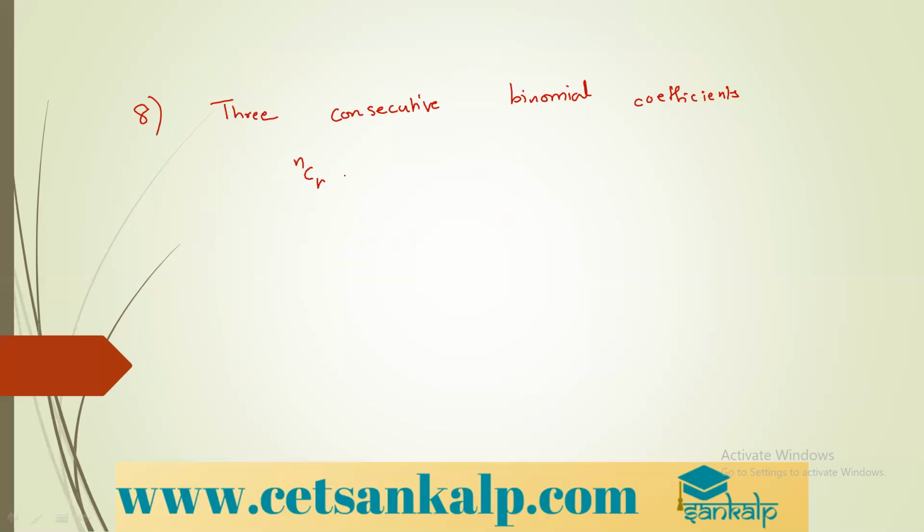Like if there is nCr, the next will be nC(r+1), and the previous would be nC(r−1). If they are in arithmetic progression, then I can be sure that r will be equal to 1/2 (n ± √(n + 2)).